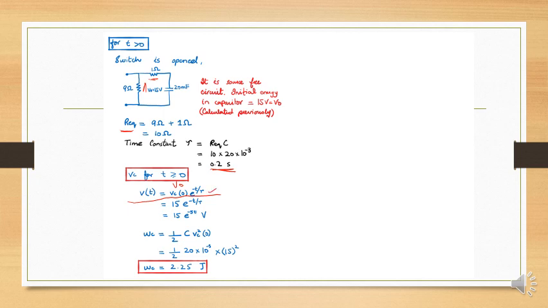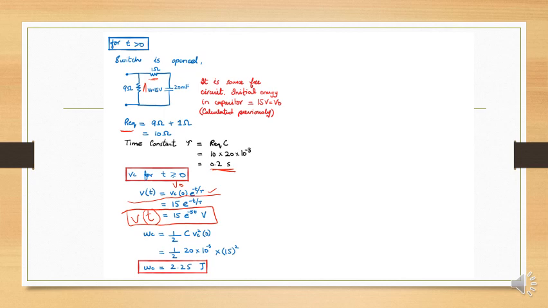This is our tau. So 15 e raised to power minus t over tau. If we put the values in it, we got 15 e raised to power minus 5 tau. Okay, this is our final result. V of t is equal to 15 e raised to power minus 5 tau volts.